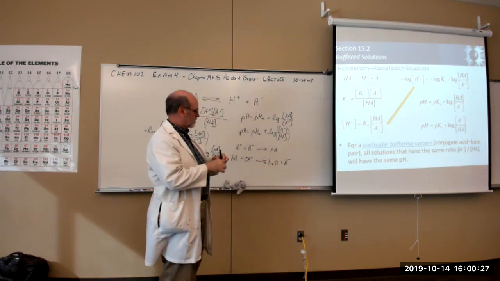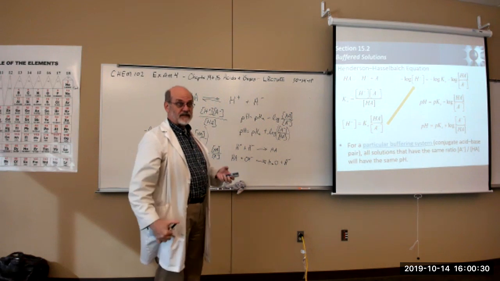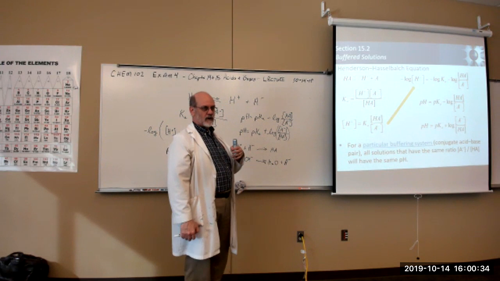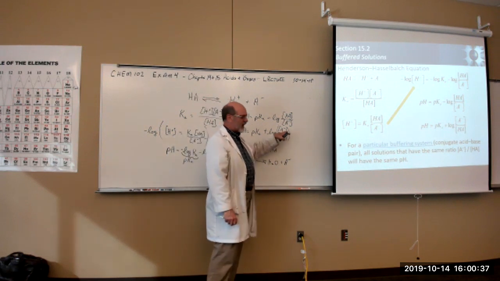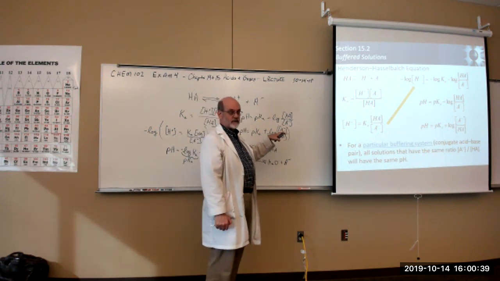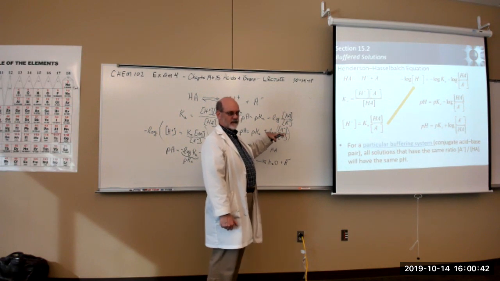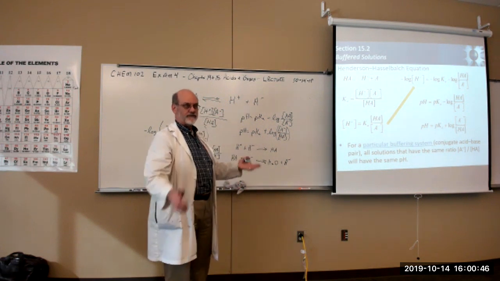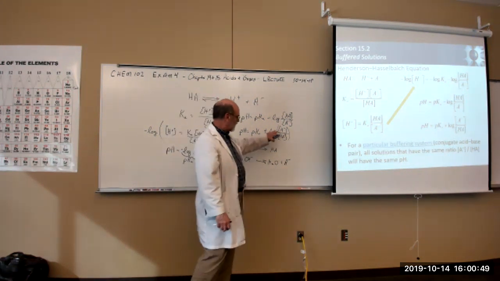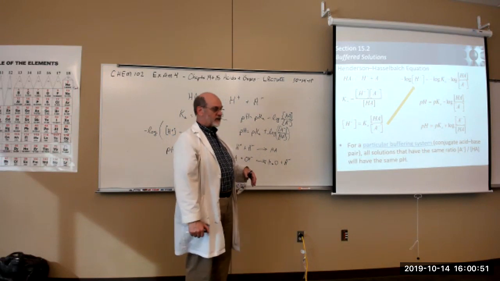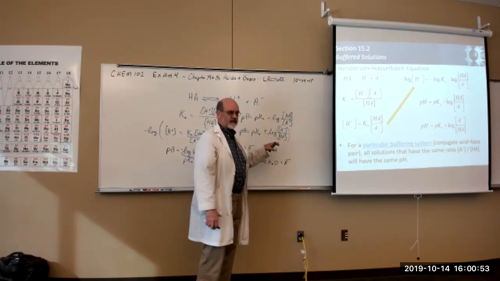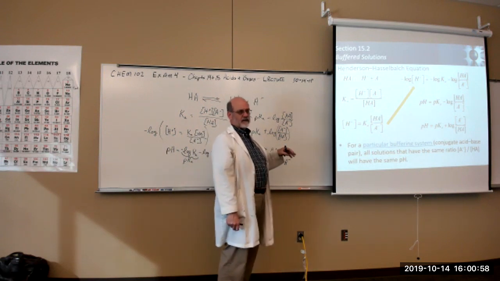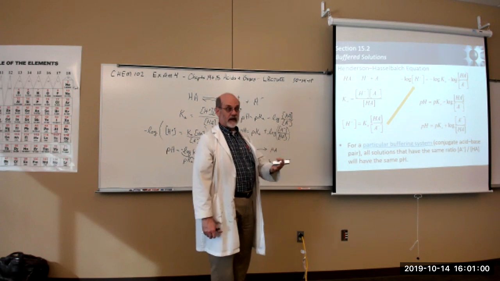But there are limits. There may be limits in solubility, right? Or in reactions of the A minus with certain other components in your mixture, right? It might form an insoluble compound, and that sort of defeats the purpose. So you're limited there. Also, you're limited in living systems by what we call the salt index, the osmotic strength of the solution.